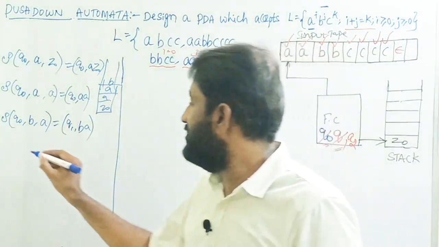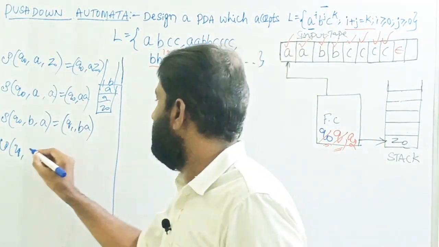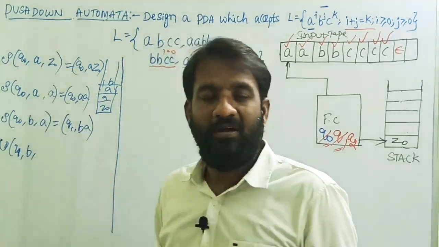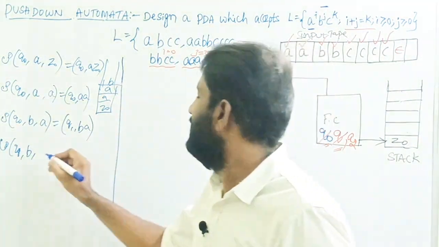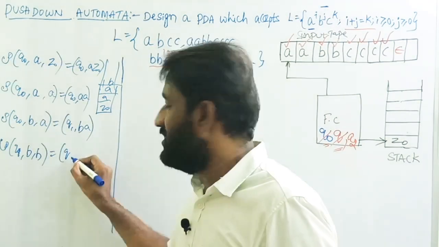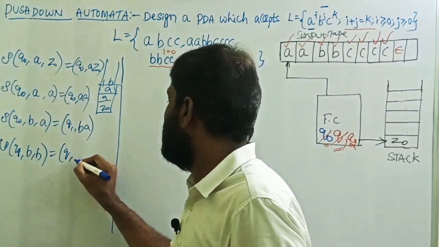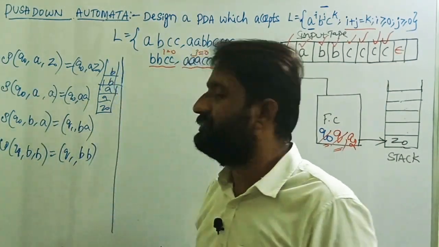Then Q1, the next input symbol is B. On the Q1 state, if you are reading B, definitely the top of the stack is B only. So B equals remaining on the same state, add B onto the stack. Q1 comma B. So one more B is added.